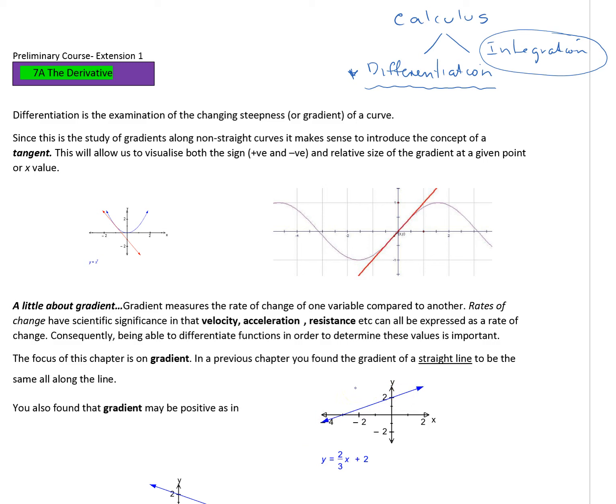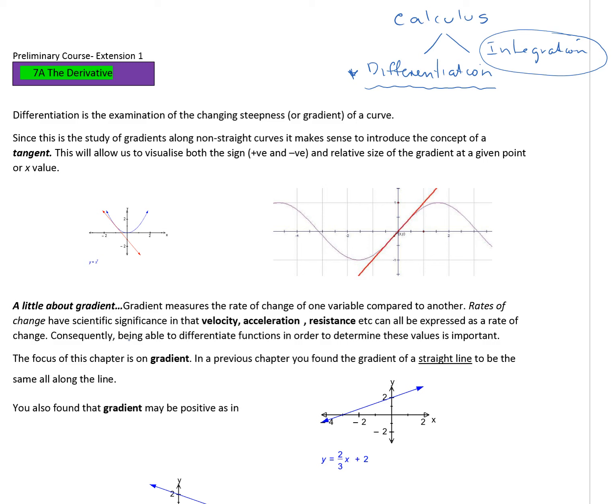You may be wondering at this stage why we need to study the gradients. Well, it won't become obvious why until we start the applications of differentiation. But for engineers and scientists, the gradient is an extremely powerful and useful calculation.